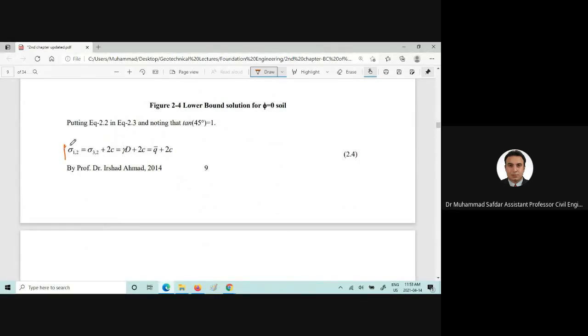Now sigma 1.2 will be equal to q bar, because sigma 3.2 is equal to gamma into d, or q bar.